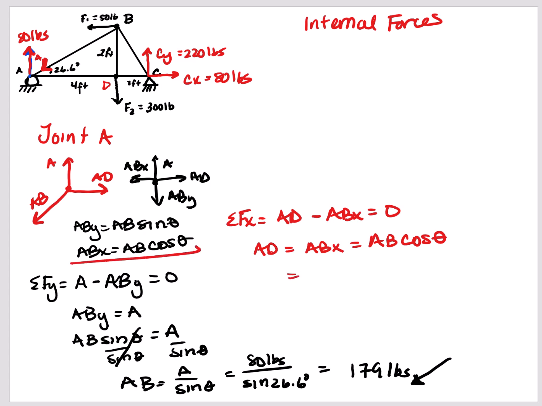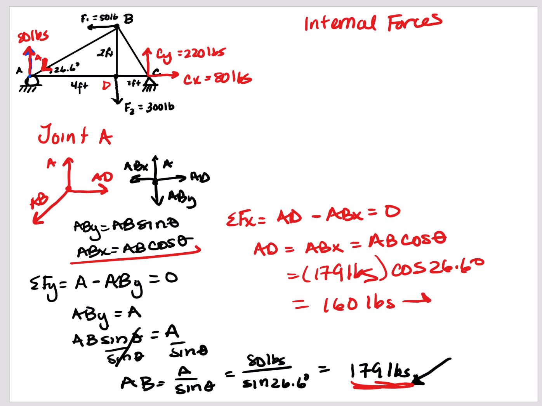So AD is going to be AB, which we solved as 179 pounds down here, cosine 26.6 degrees. And if you do the math correctly, AD becomes 160 pounds going to the right. And again, since it came out positive, we drew the direction correctly. So I'm going to mark that on this original structure.